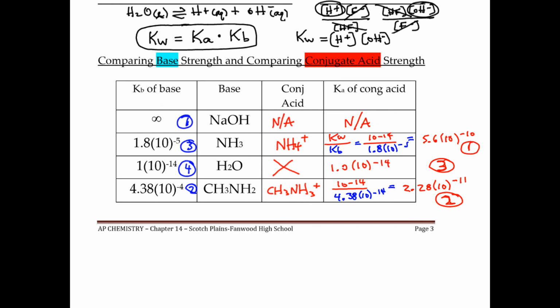Okay. Lastly, I wanted to mention this, which I hadn't mentioned in a previous video, the names. So we should know that NH3 is called ammonia, and the NH4+ is called ammonium, which is, as we said, a weak acid.